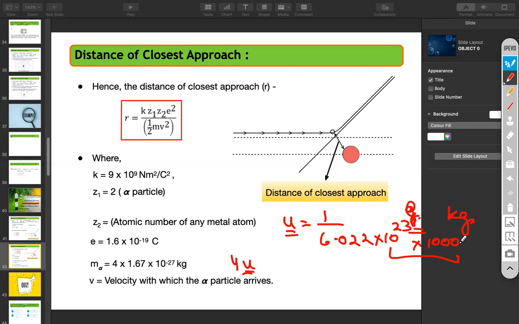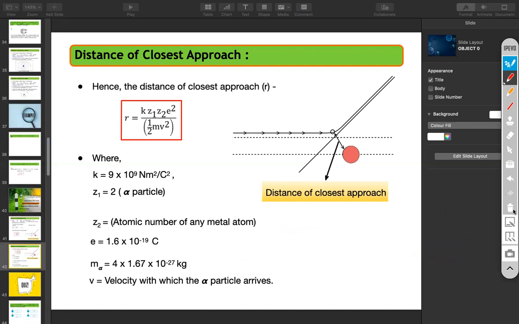Because 1 U is this much, we discussed in the mole concept chapter. Is it clear? Could I move to the next thing?